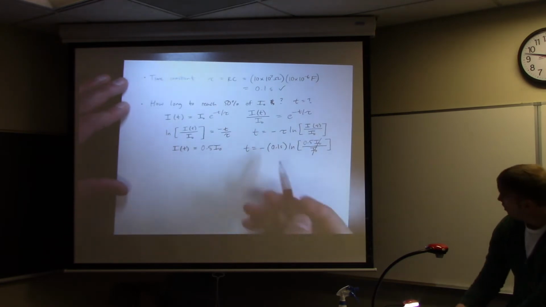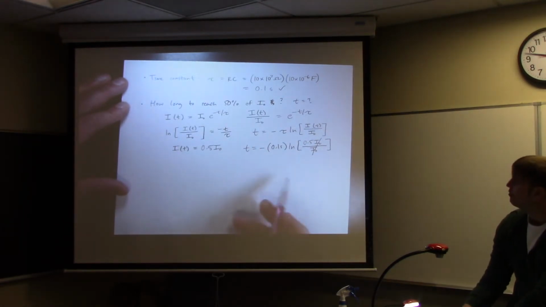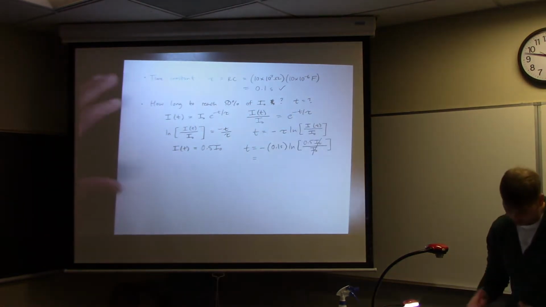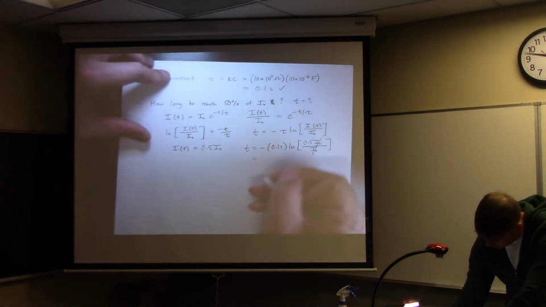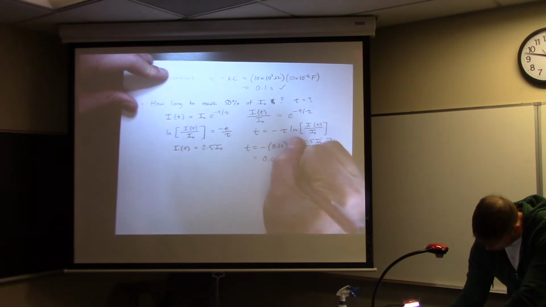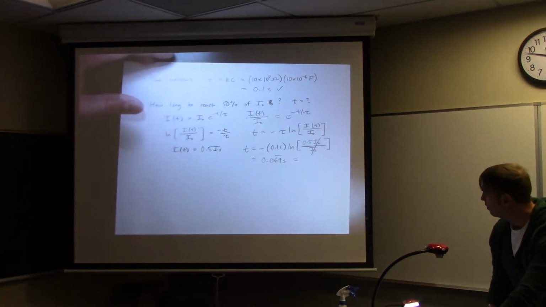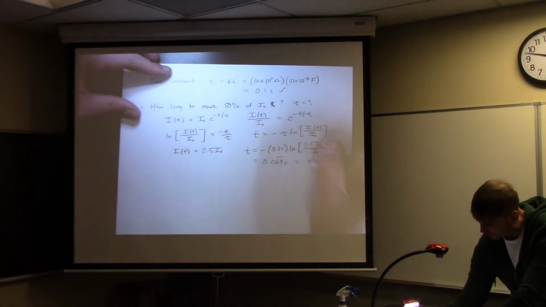So it's 0.1 times the natural log of 0.5 with a negative sign in the front. Okay, so crunch those numbers. You should be getting 0.069 seconds. And technically we would keep one sig fig here, so let's just say 0.07 seconds.